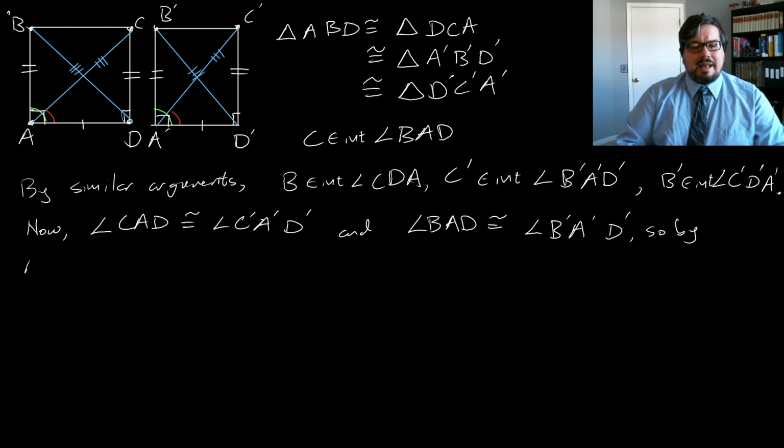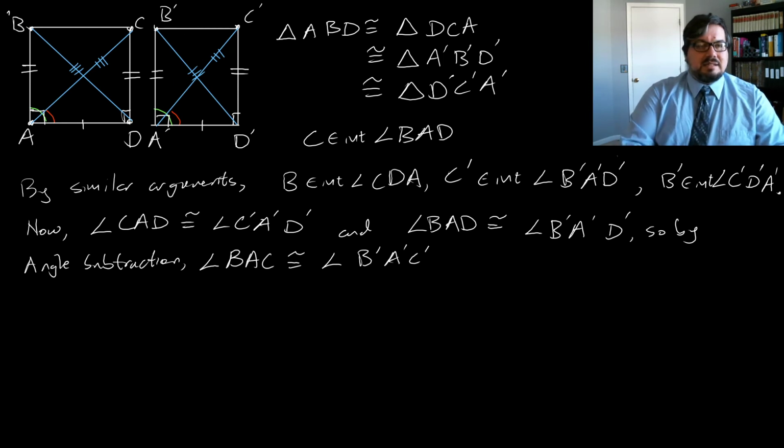So by angle subtraction, we have that the angle BAC is congruent to angle B prime A prime C prime. So we get that the blue angles here are congruent to one another.